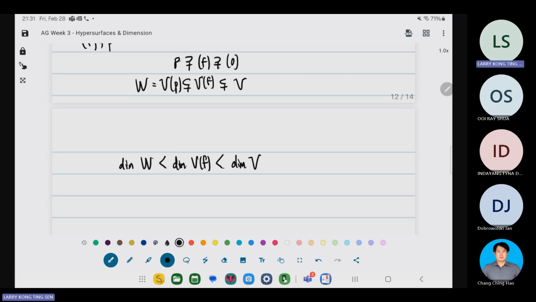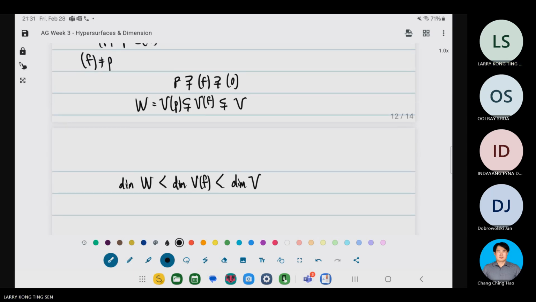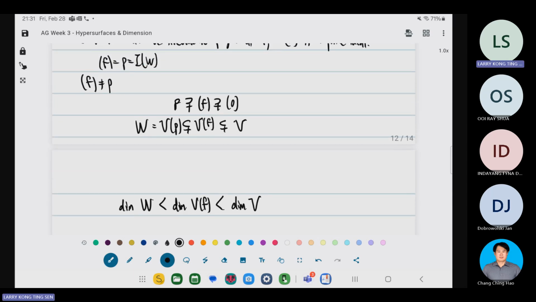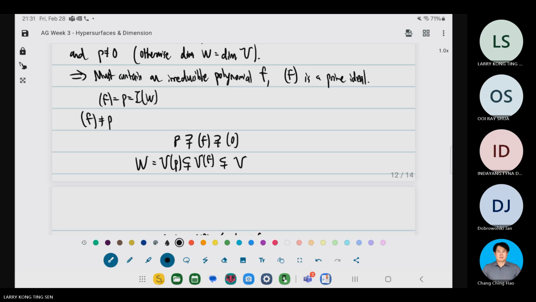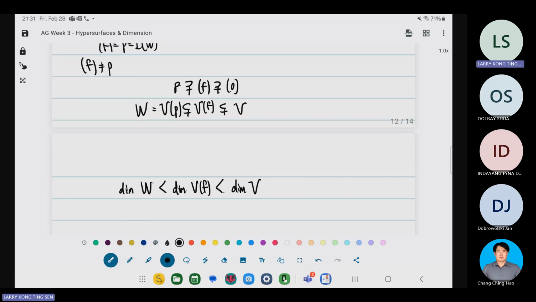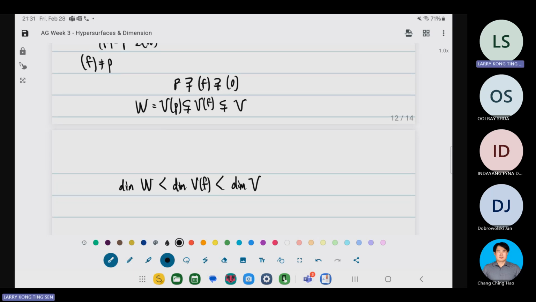But of course, let me check it out. Let me check my sources real quick.